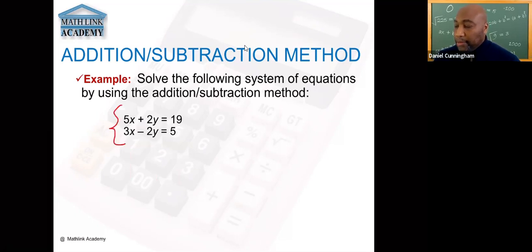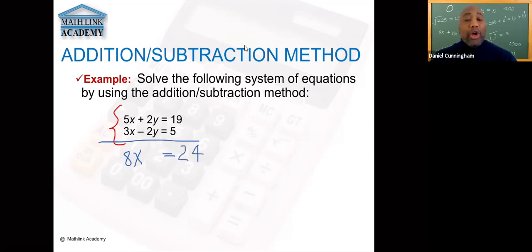So here's our system. We're going to add, and this gives me 8x, so all the x's. The positive 2y and the negative 2y would give me 0, so there's nothing there. And this will equal, adding going down, 24.